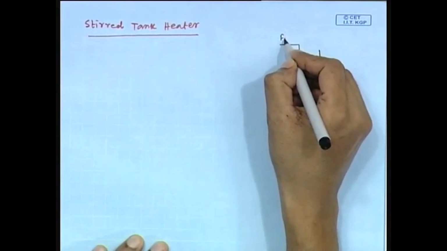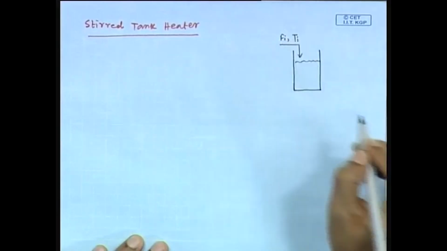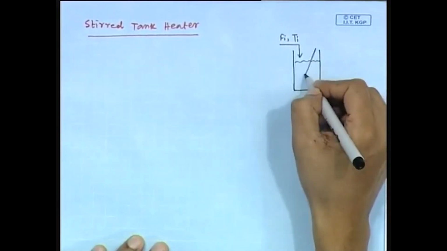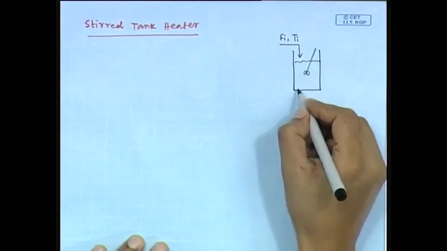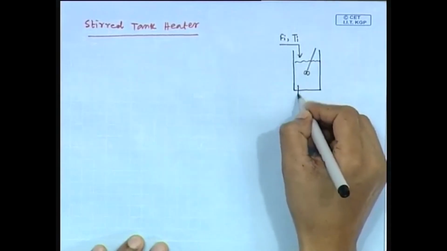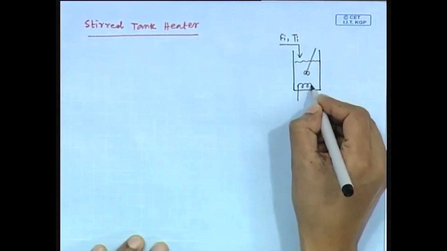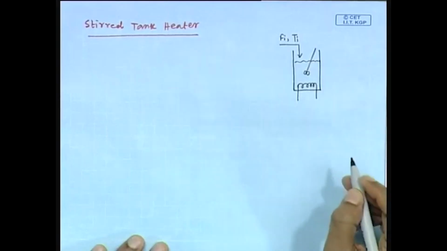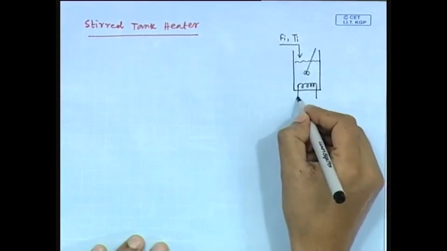So, this is the inlet flow rate Fi and the temperature is Ti. Now, steam is introduced here through the coil for heating purposes. This is steam.